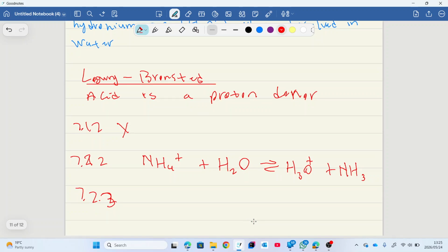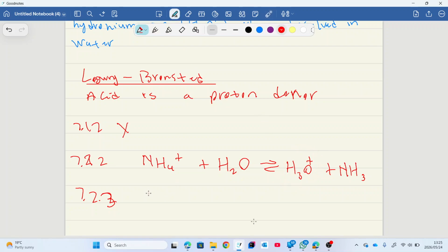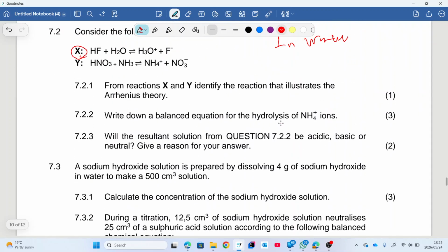Now, it is going to be acidic because we see the presence of hydronium and not OH. All right, so it is going to be acidic. And if it were to be neutral, it wouldn't have any, or would it have both? Yes, it's gonna be neutral. No, oh, they said the reasons.